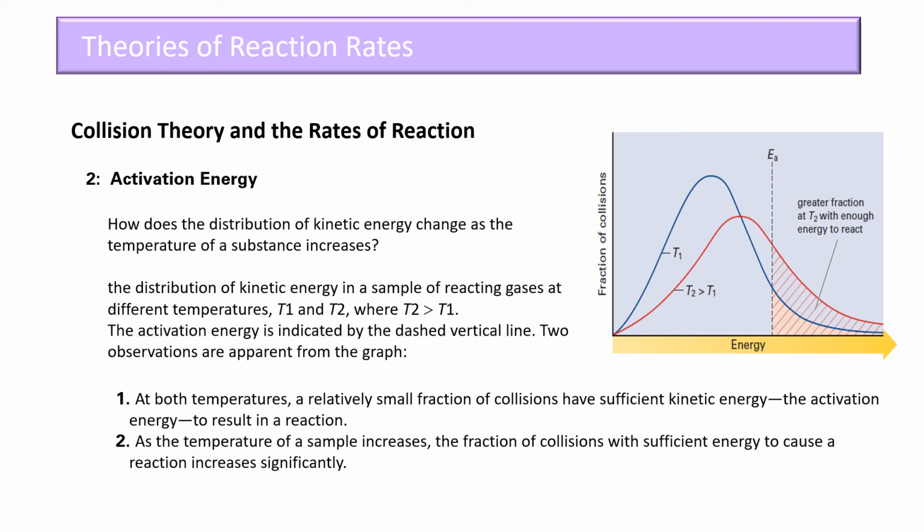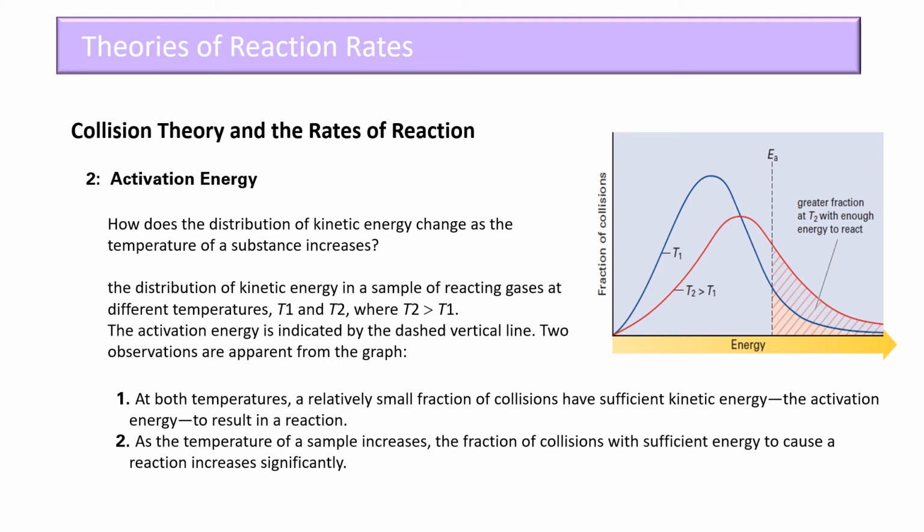Activation energy and temperature. How does the distribution of kinetic energy change as the temperature of a substance increases? The distribution of kinetic energy is shown for a sample of reacting gases at different temperatures, T1 and T2, where T2 is greater than T1. The activation energy is indicated by the dashed vertical line.